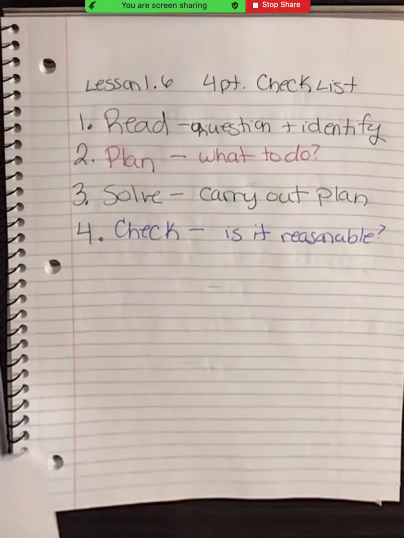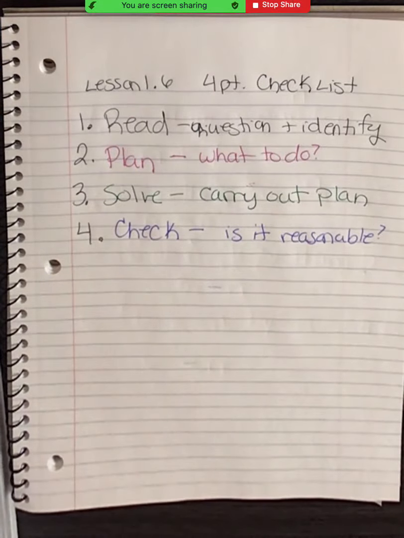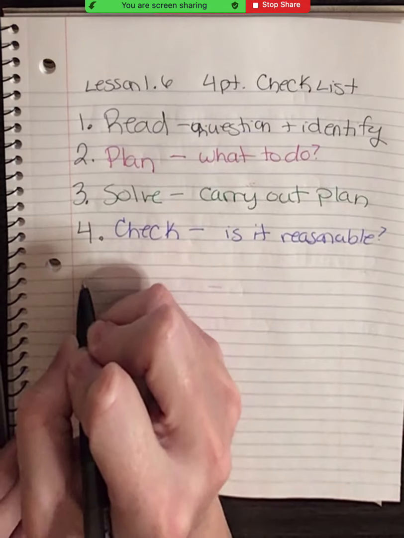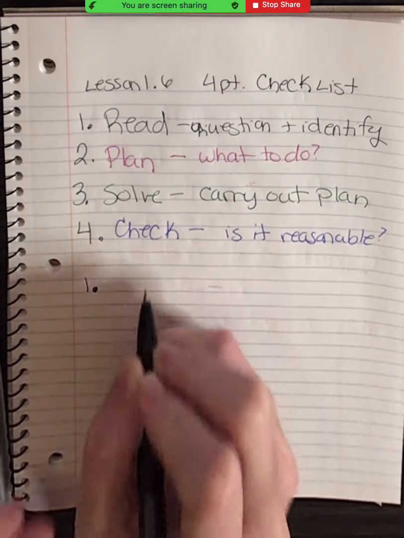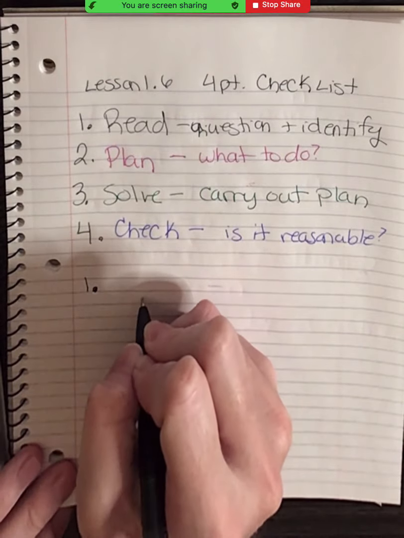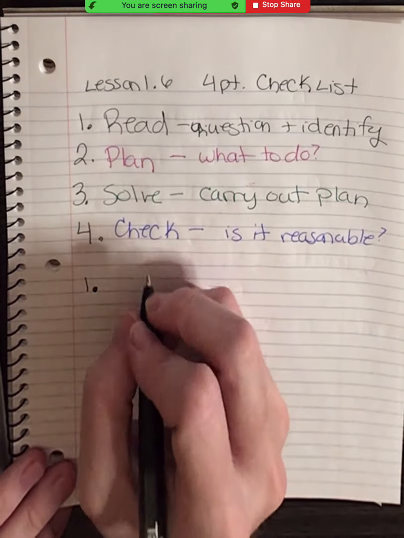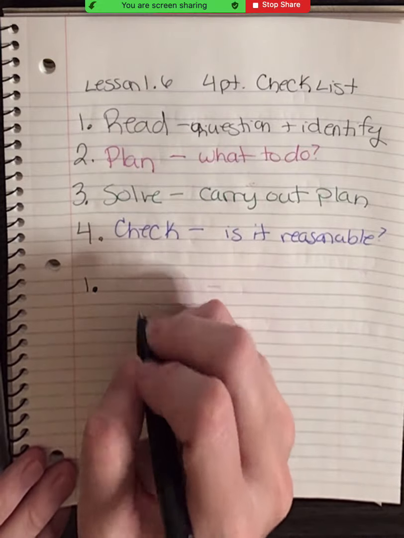Okay, so we're looking at that. We've read it, and we have to identify the question and important information. So first step, we read it. Okay, the question says, how much change did she receive from a $20 bill?